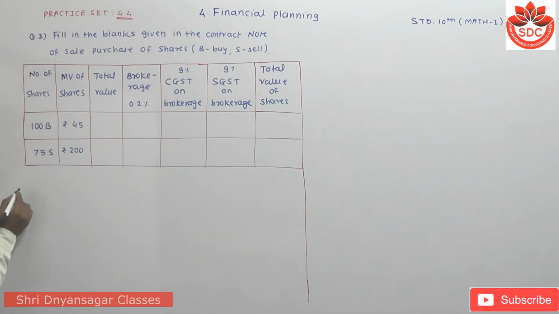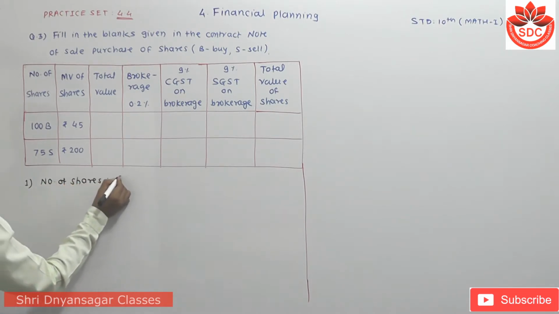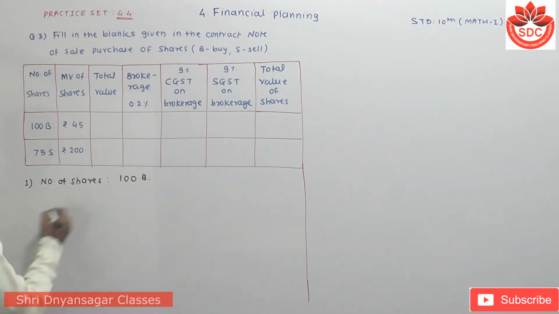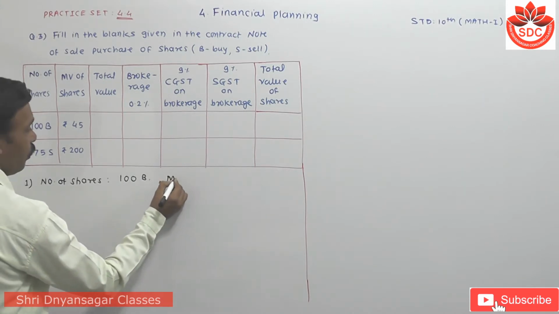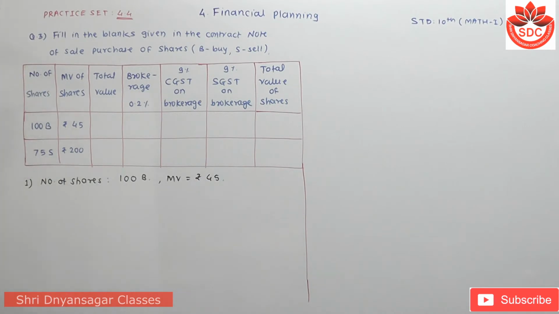For the first one, the number of shares is 100, bought. It means these shares are bought here, and MV is rupees 45. So first we have to find the total value of shares.